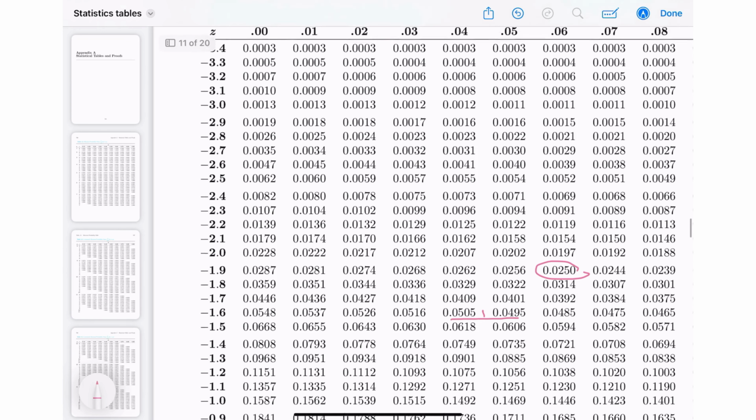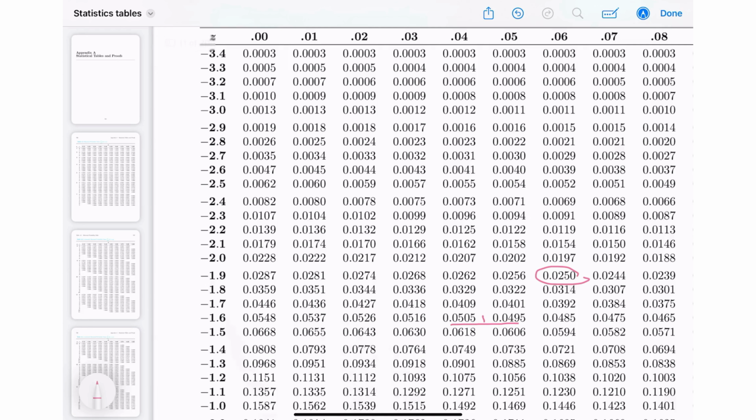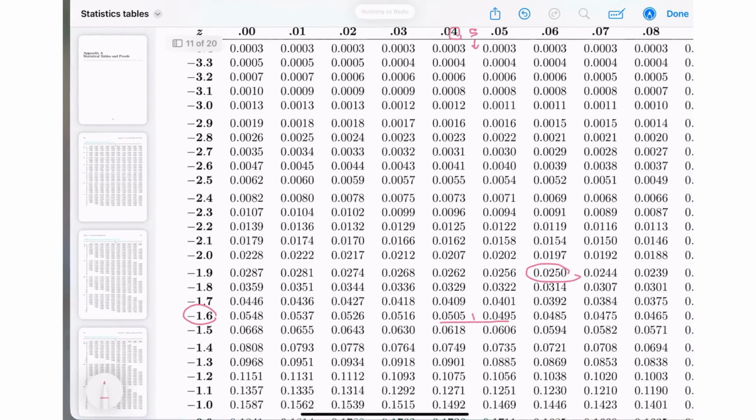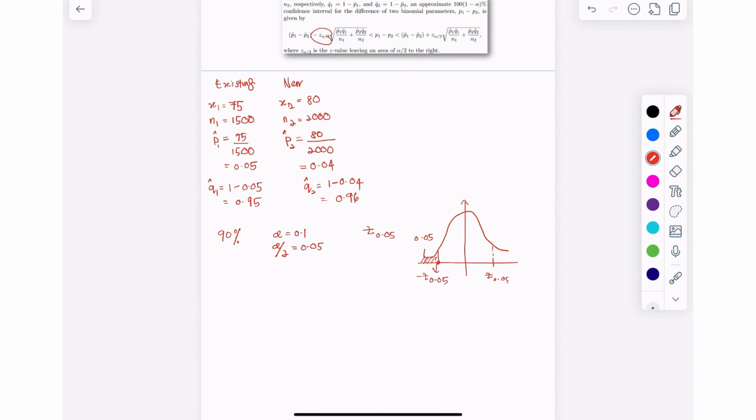So we take the value 1.645. So this is equal to negative 1.645. Since this covers the same area, for the positive side, this is 1.645 for Z 0.05.